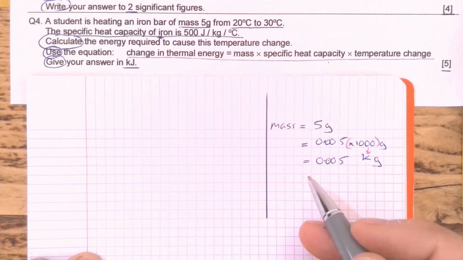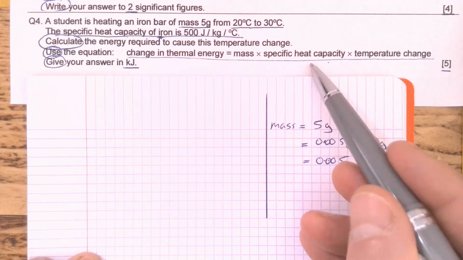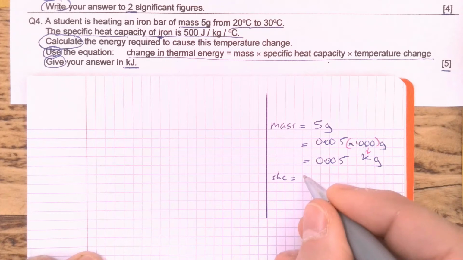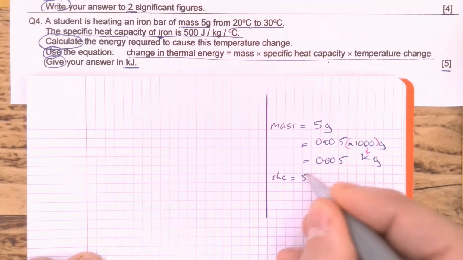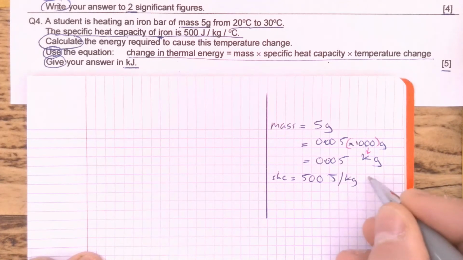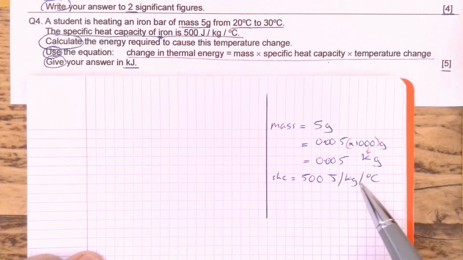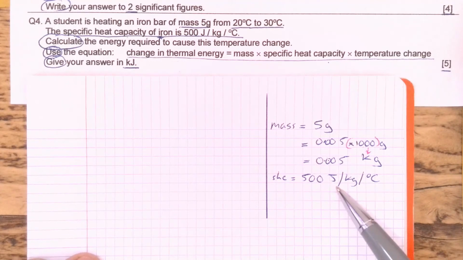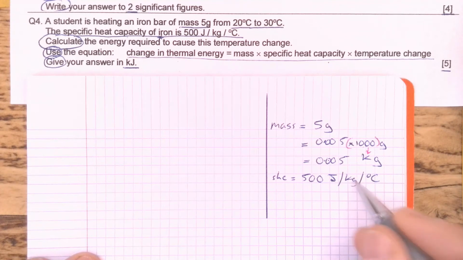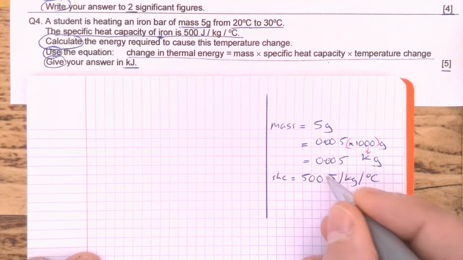What do I need then? I need the specific heat capacity. SHC is equal to 500 joules per kilogram per degree C. This is quite a complex unit, but it's unlikely that they will muck about with the units here and you'll need to convert. But if you did, you do it in the same kind of way. If I gave you kilojoules, then just replace the K by times 1,000.